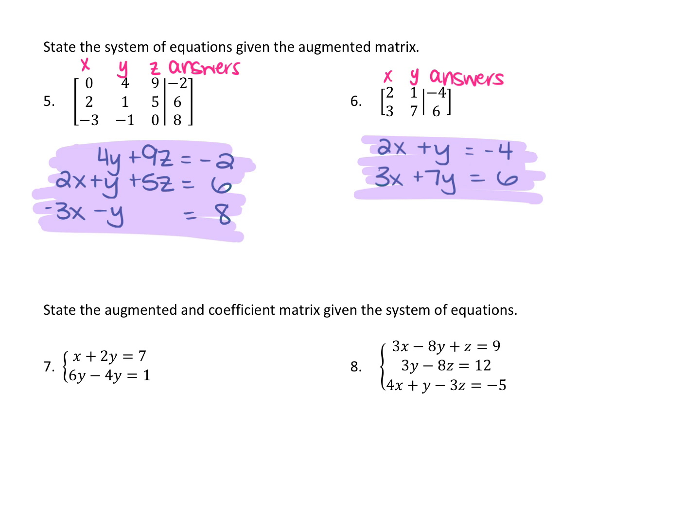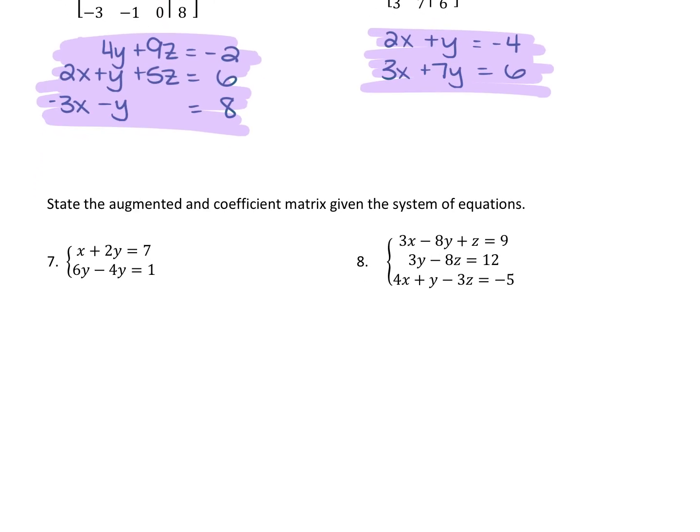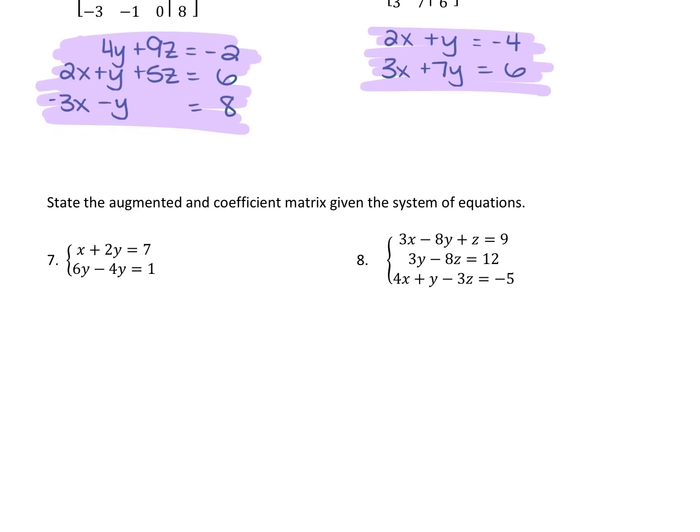For 7 and 8, you are stating the augmented and coefficient matrix given the system of equations. For number 7, you're given x plus 2y is equal to 7, and 6x minus 4y is equal to 1. From your first equation, that x has an invisible 1 in front of it, so it's understood that that coefficient is 1.